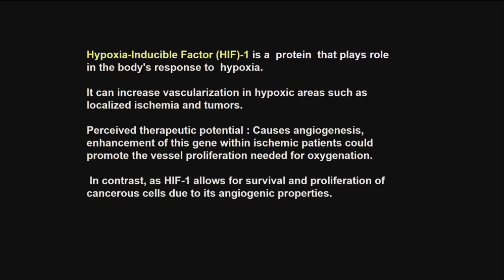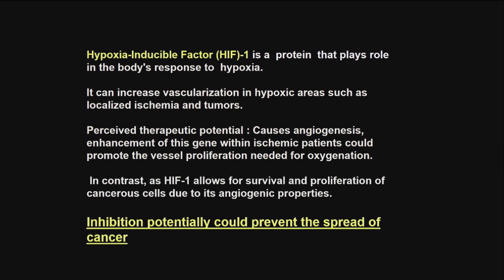It appears that at the same time, HIF-1 will also promote cancer, because cancer growth relies on all this blood substrate to proliferate. The proliferation of it will be halted if you don't have this ability to create more vessels.